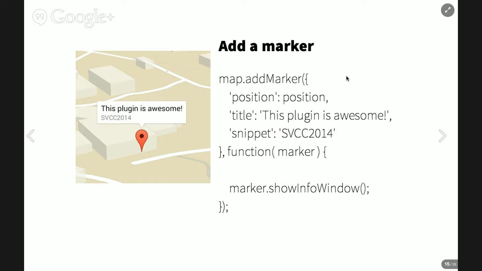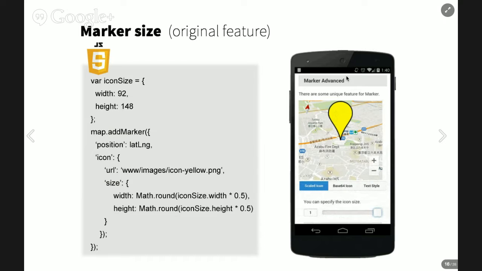Then the plugin returns a marker instance. Many people want to change the icon programmatically, so I provide a size property. It works like this.